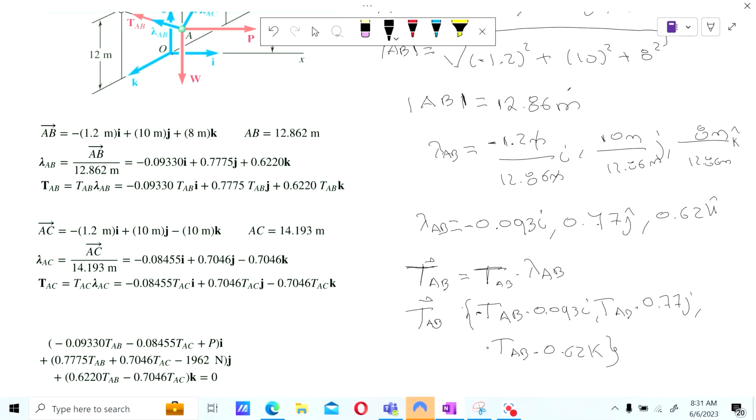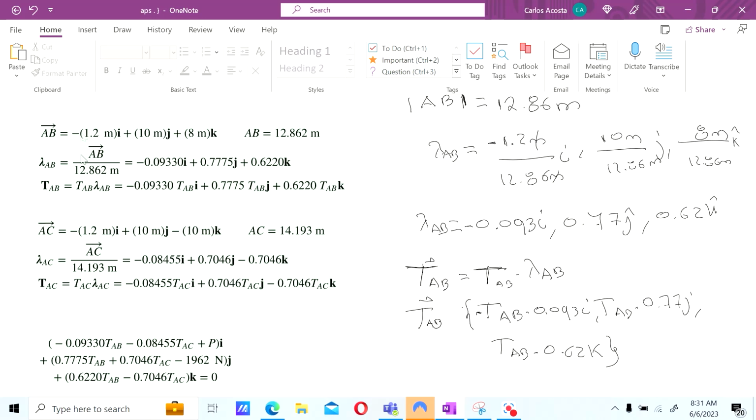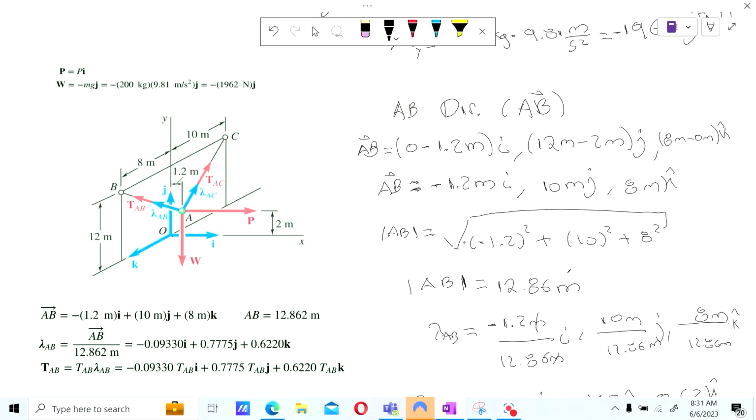All right, now we have to do the same thing for AC. So let's go ahead and try to do that. AC equals, so it's going to be head minus tail.